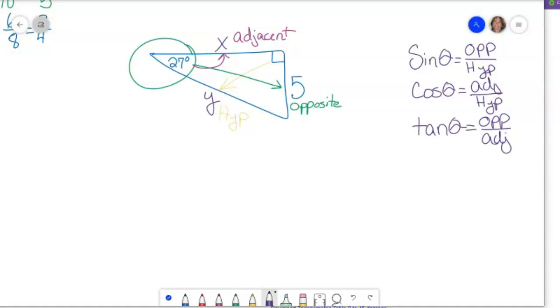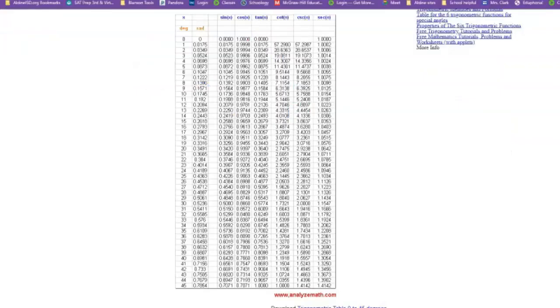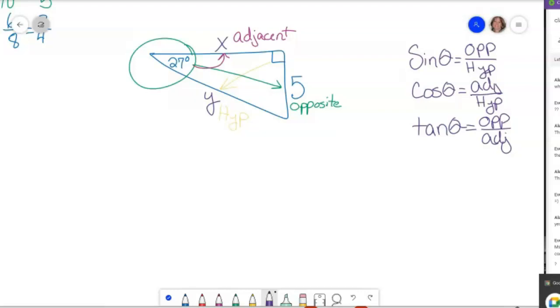So if I would go back to my trig tables, what was my angle measure again? 27. So we would go find 27, and you can see here, I'd be using those numbers to solve for this. So again, these functions actually have that value. All right, but again, we're not going to give ourselves a headache.